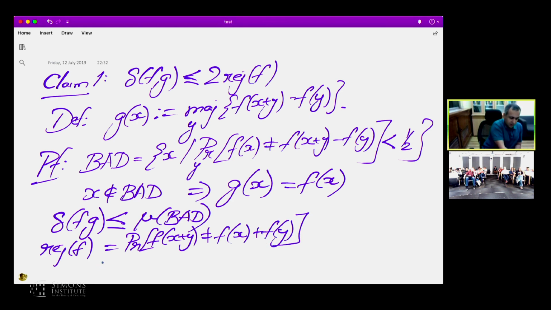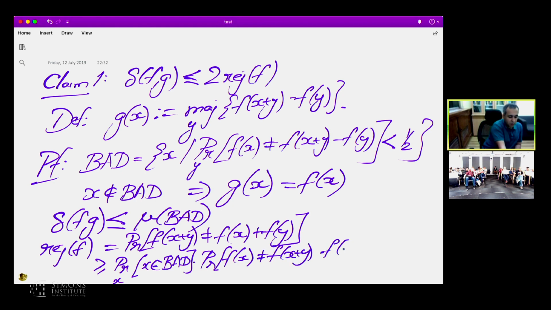This is at least the probability that the x I pick is in bad, times the probability that f of x is not equal to f of x plus y minus f of y given x is in bad. This is equal to mu of bad, times a quantity which by definition is at least half. And that gives us the claim.